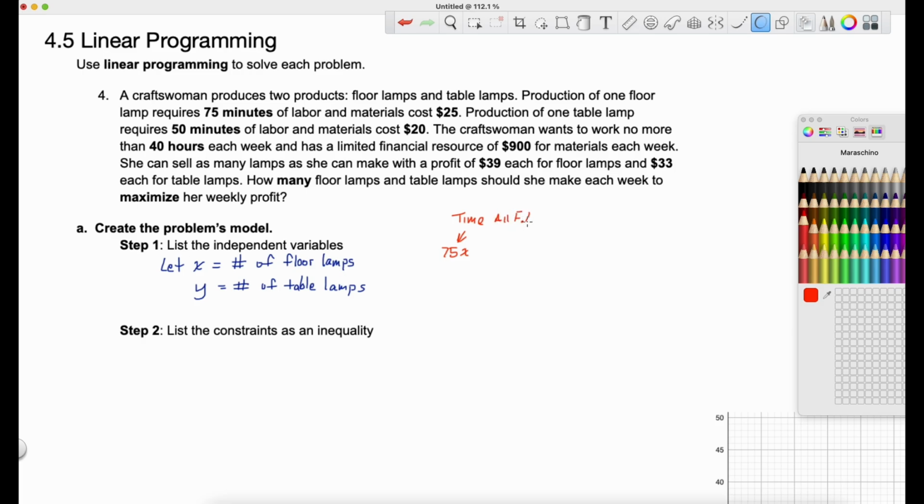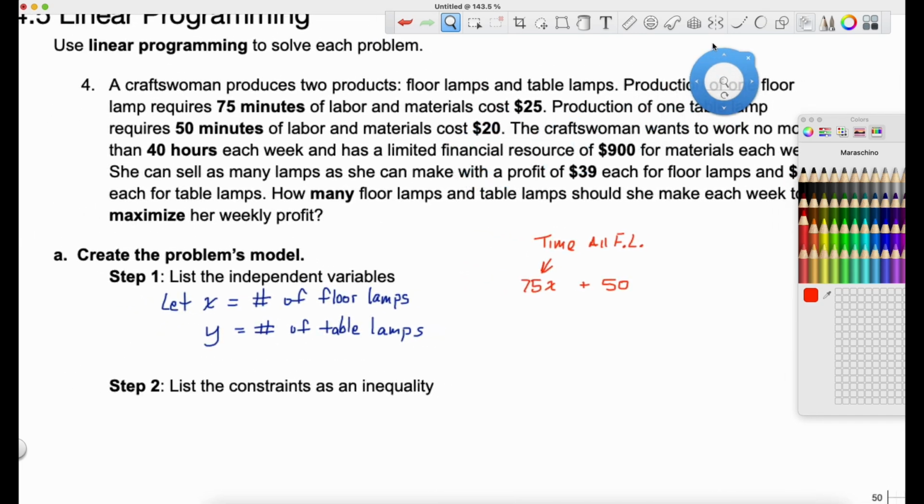And we're going to add that to the time it takes to do a table lamp. It takes 50 minutes to do one table lamp, and here are the number of table lamps, y.